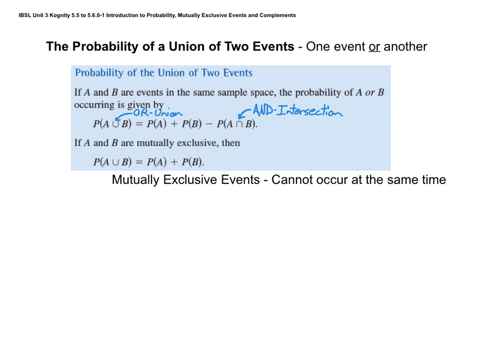Now, why do we have to subtract? What do you think? Is one or the other. So that all of those includes when both happen, versus you only have to try to find the probability of one of either A happening or B happening. But if both happens, is A or B happening? Yes.